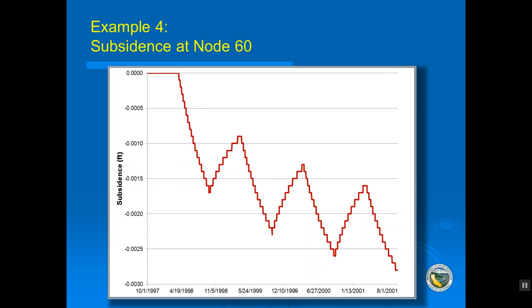Those sponges are increasing in thickness. So this up and down pattern here really shows the recharge pumping operation. The recharge comes online, and my subsidence decreases. Pumping comes online, it increases. Recharge comes online, it decreases.